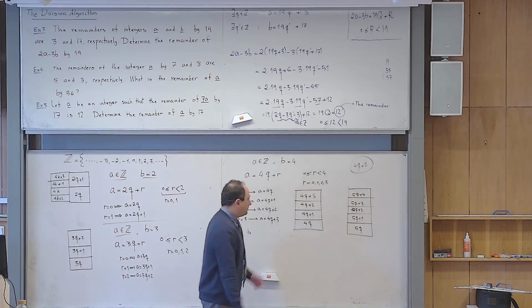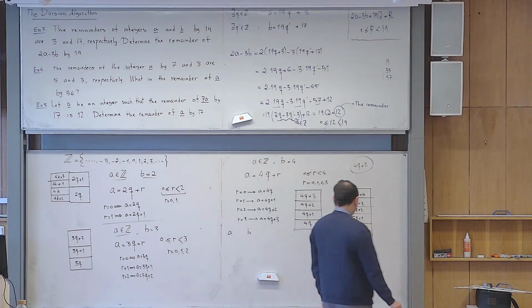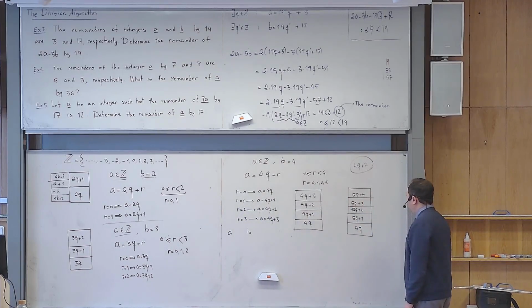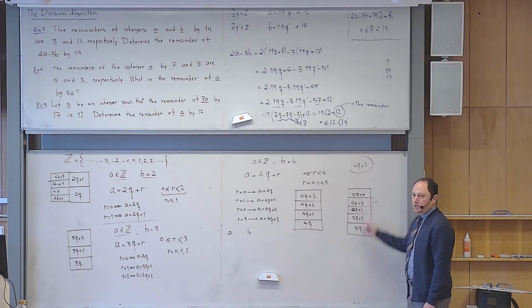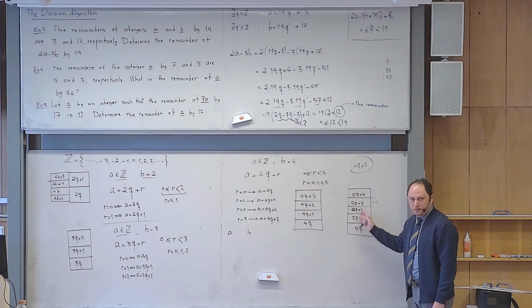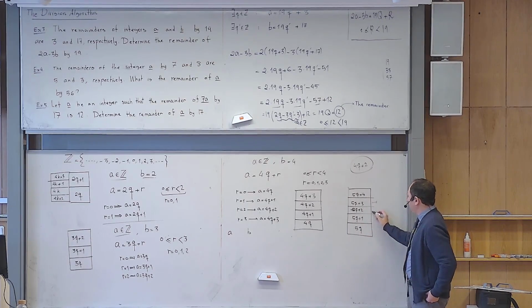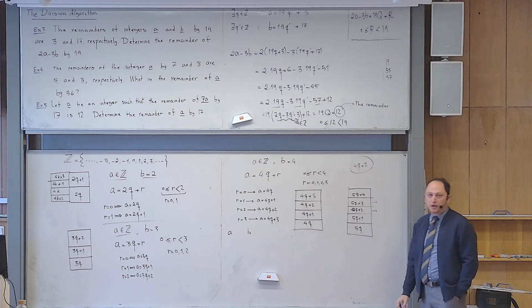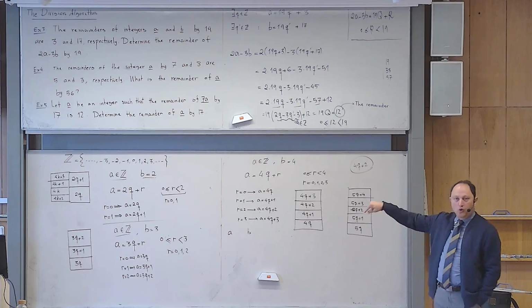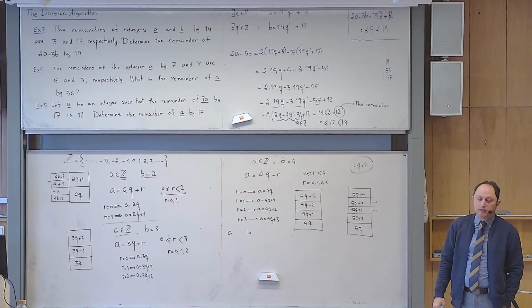Now let me ask you one question. I take one number from this floor. By the way, how many numbers are in each floor? Infinitely many. So I take one number from this floor and one number from this floor and multiply them. In which floor will the product be?